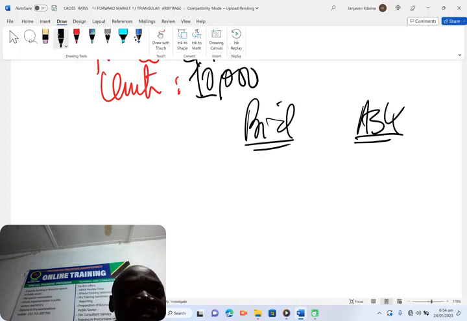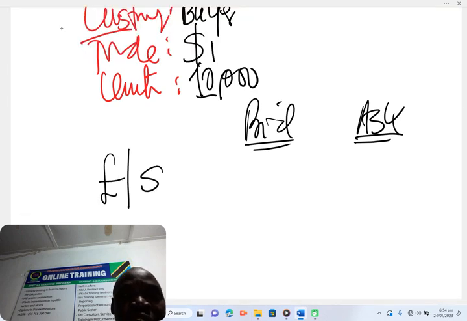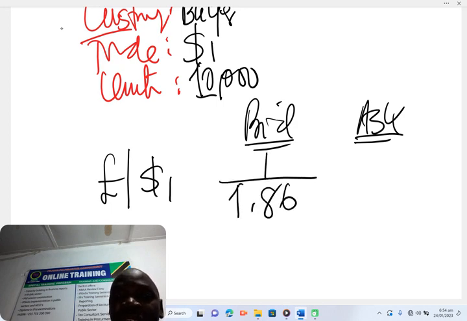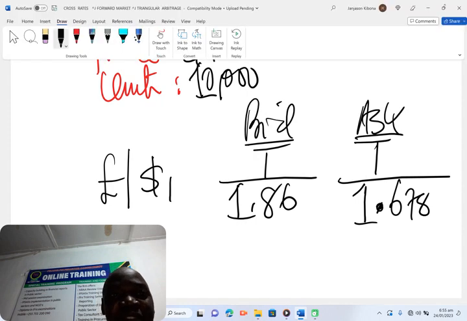Remember the second one, which is pound stroke dollar. So this is 1 over 1.86 and 1 over 1.678.